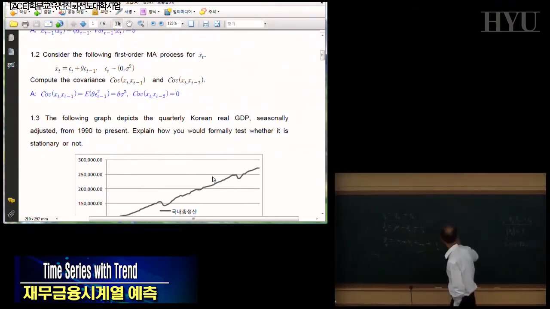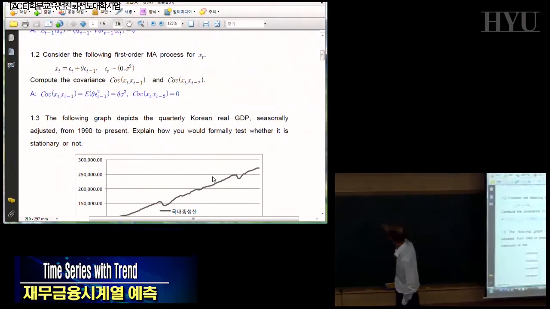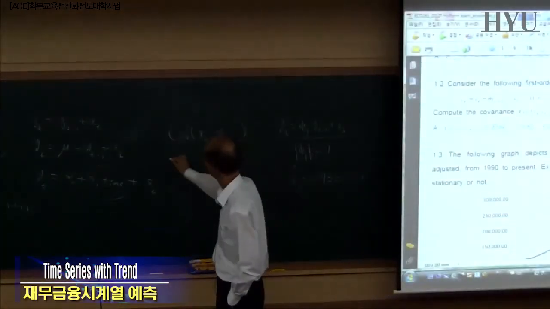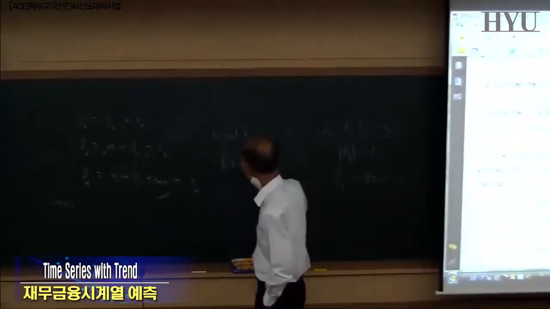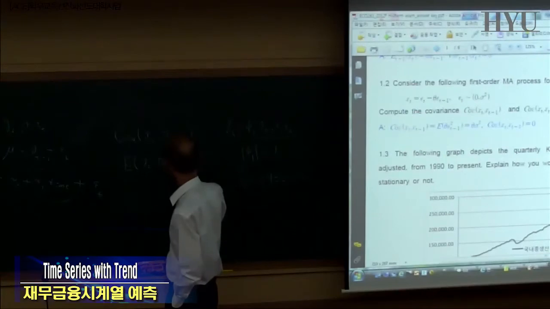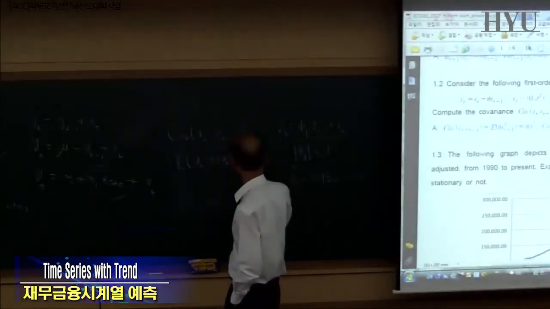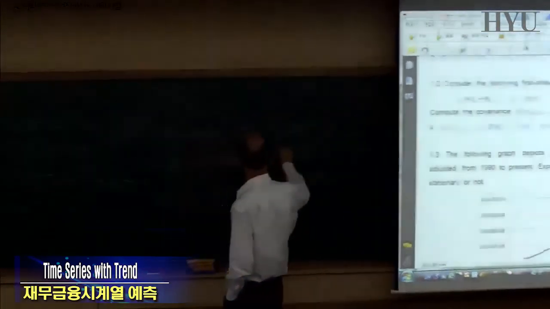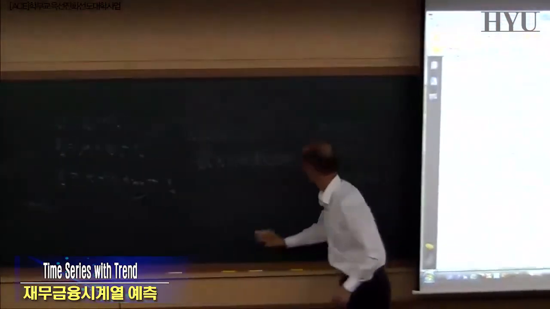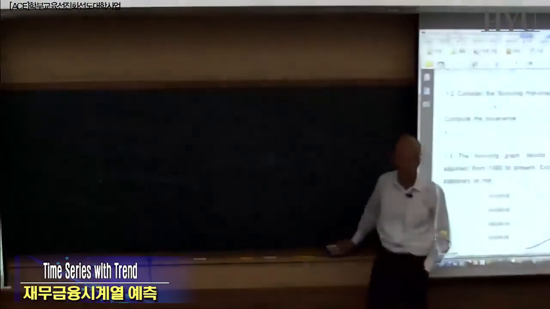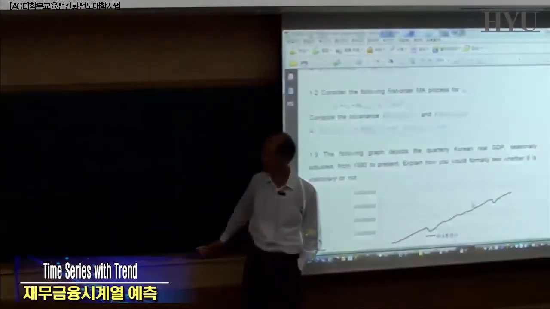The covariance of x_t and x_{t-1}, to be exact, these expressions are the same thing. Right?